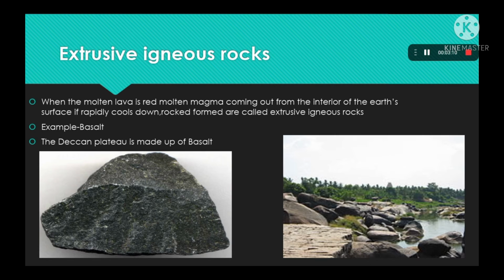So when the lava comes out from the interior onto the earth's surface, it rapidly cools down, and the rocks that are formed are called extrusive igneous rocks. Example, basalt. The Deccan Plateau is made up of basalt, as given in the picture. The left side is basalt and the right side is the Deccan Plateau.